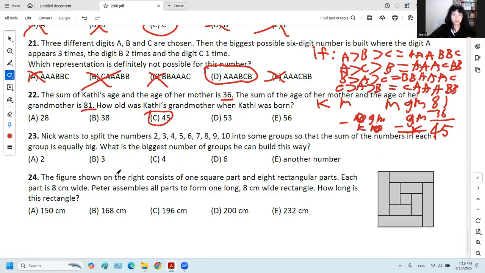So first, the common factor. The common factors are numbers that another number can divide.